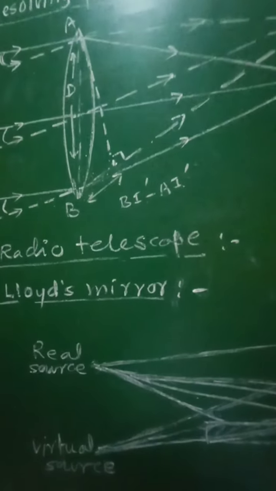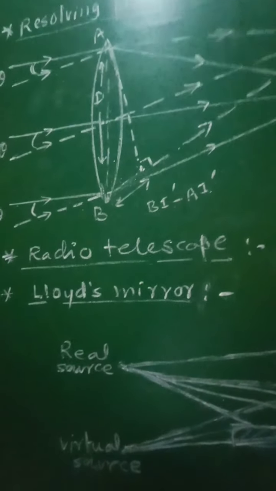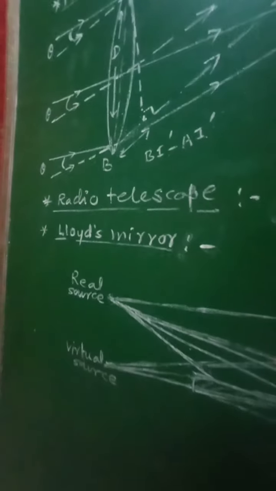Now let us see the next point, that is Lloyd's mirror. Lloyd's mirror is related to the interference of light, similar to the biprism experiment, and therefore if we consider the ray diagram of this Lloyd's mirror, it is as shown.